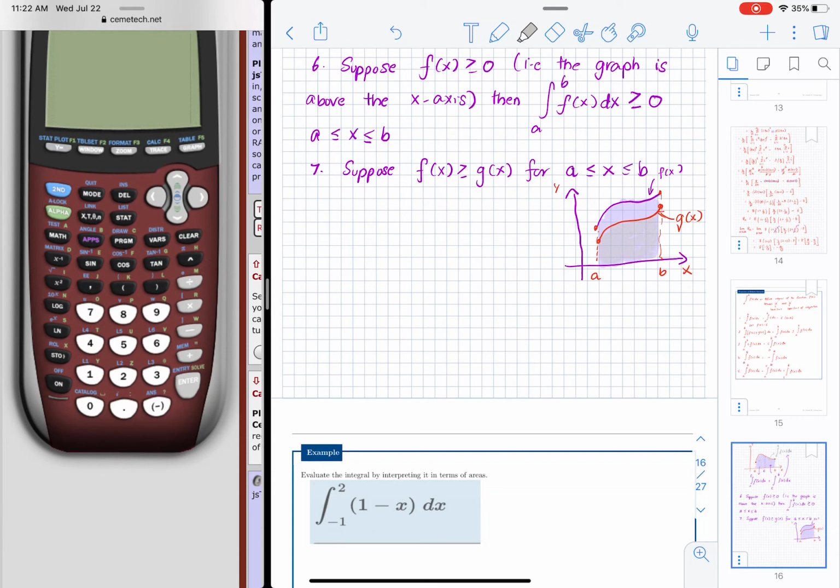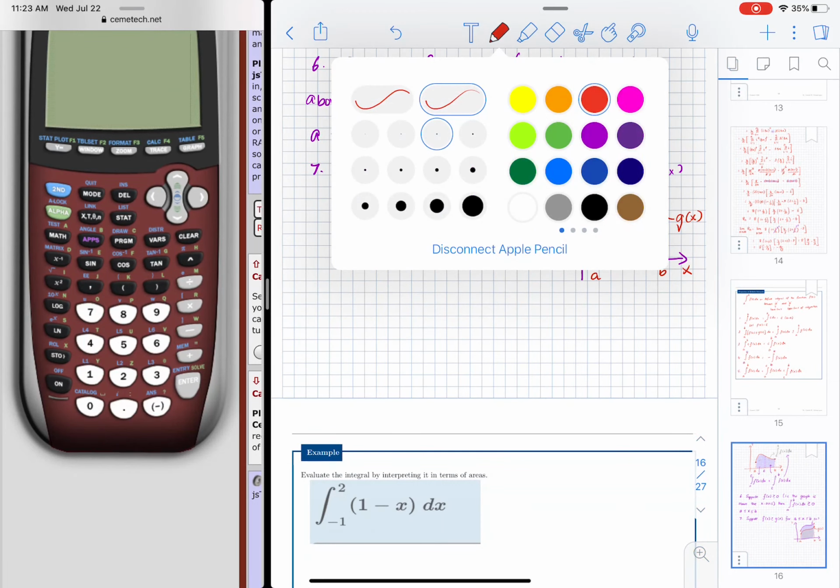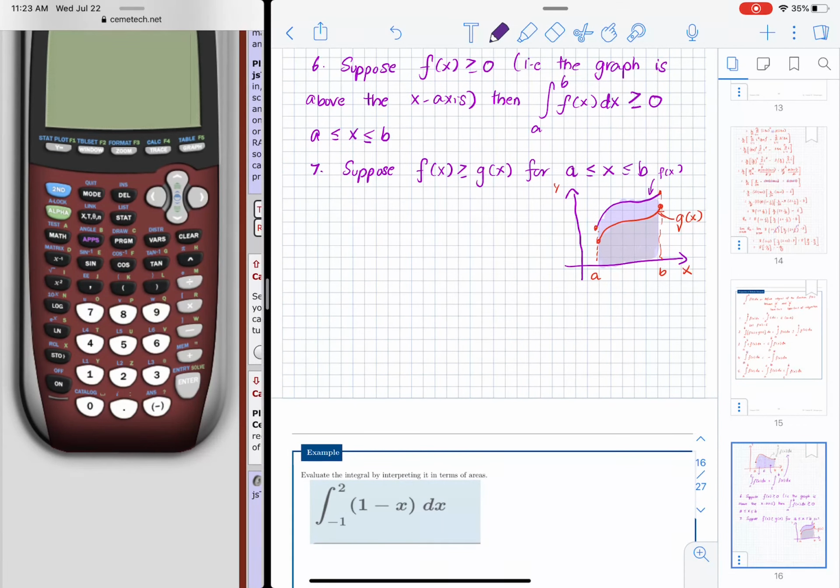Just by looking at it, we can see that the area under f of x is bigger than the area under g of x. So our conclusion is if f of x is greater than or equal to g of x, then the integral from a to b of f of x dx must be greater than or equal to the integral from a to b of g of x dx.